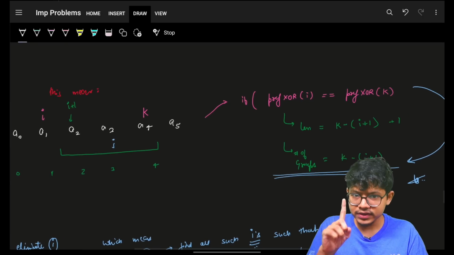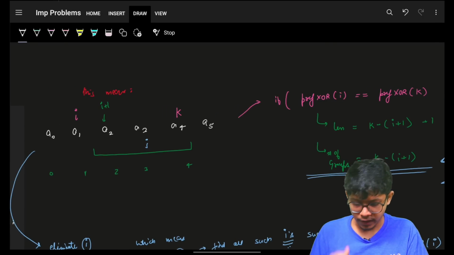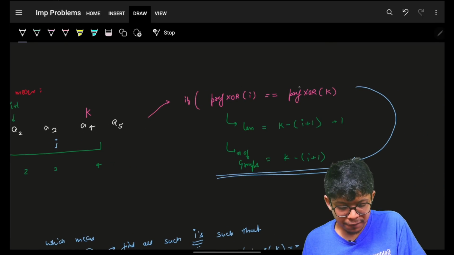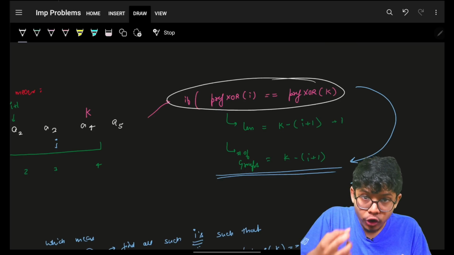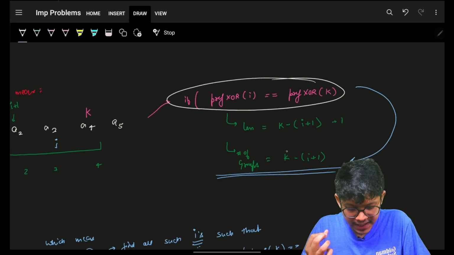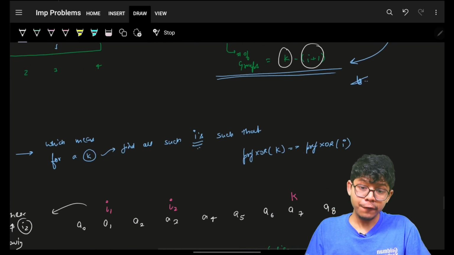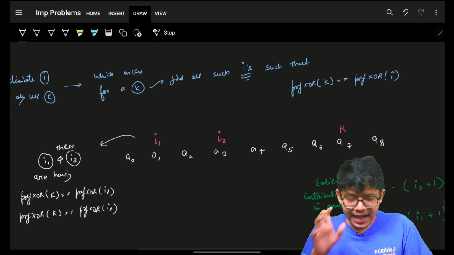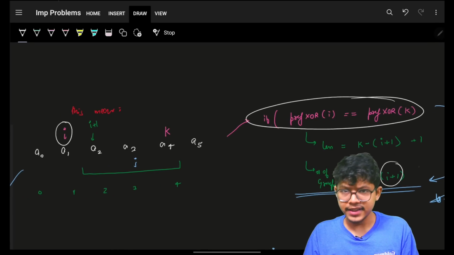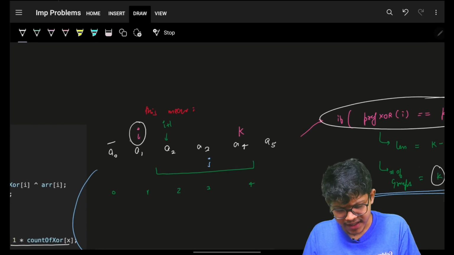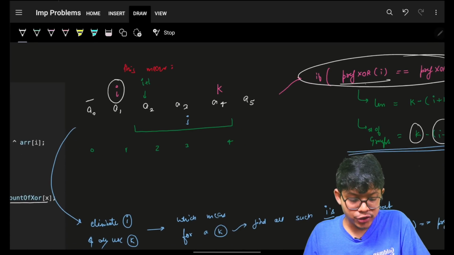We know that because of the simple fact of what we proved above. We proved above that if the prefix XOR of I is equal to the prefix XOR of K, I am adding the contribution in my answer as K minus I plus 1. If you look at a bigger scale, let's imagine that not only one such I is there. There are, let's say, multiple such I whose prefix XOR is the same.